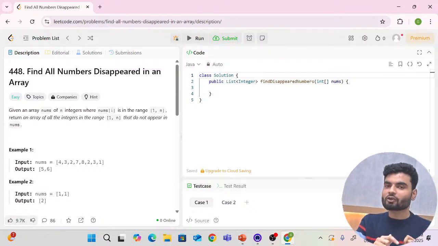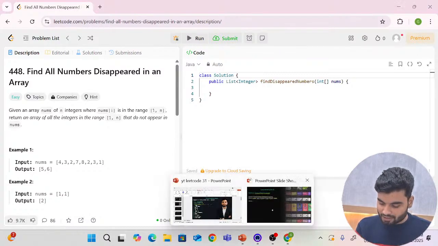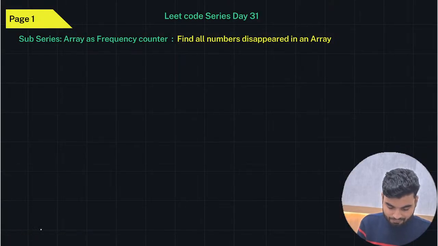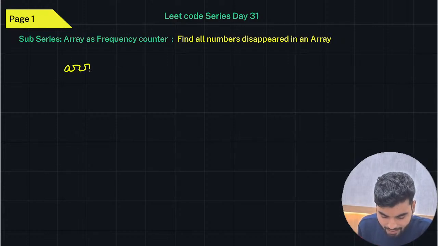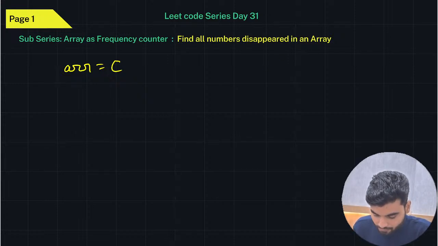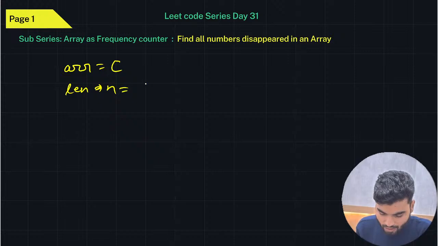If you count the frequency of all the elements, for example, you have one array ARR, and in this array you have a few values from 1 to n, and let's say the length, n, is 7.